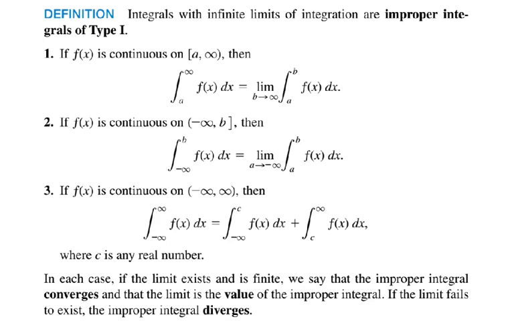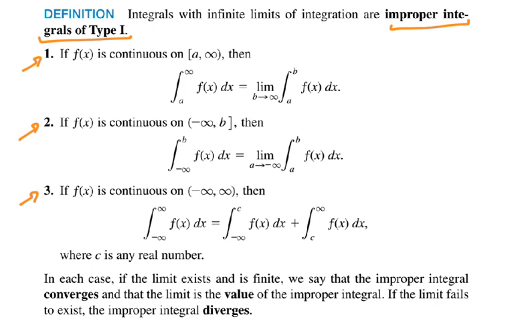The example we just looked at was an improper integral of type 1. You can see that we have 3 types of integrals here. We have a situation where the function is continuous from a to infinity, versus a function that is continuous from negative infinity to some b value, or a function that is continuous from negative infinity to positive infinity.